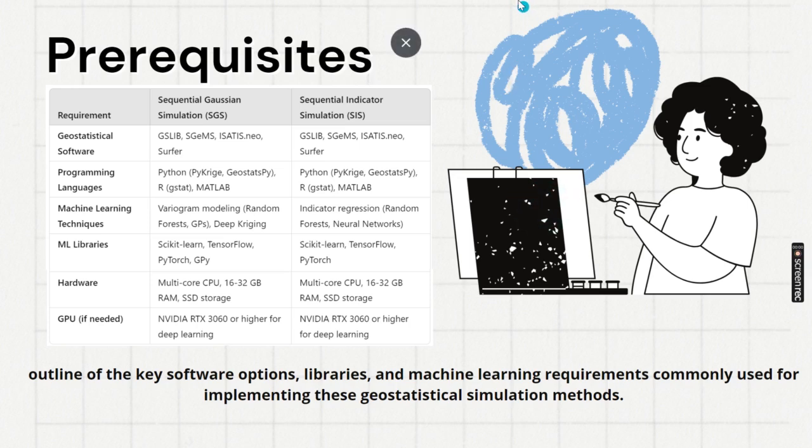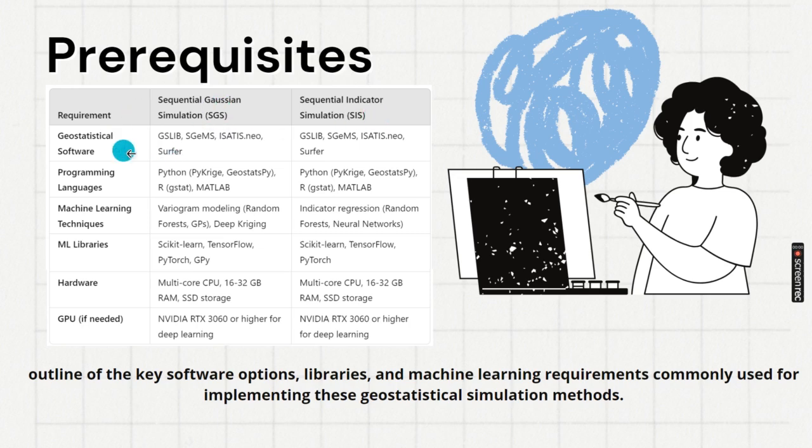So it is essential to understand what the prerequisites are, what the main requirements are to perform such statistical analysis, especially simulation. I have prepared two comparative studies for SGS and SIS.